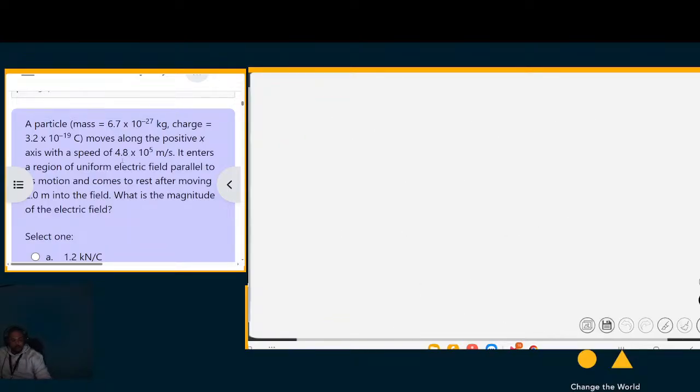Let me rewrite it. The electric field, I can write it as m v initial squared over 2 Q d.